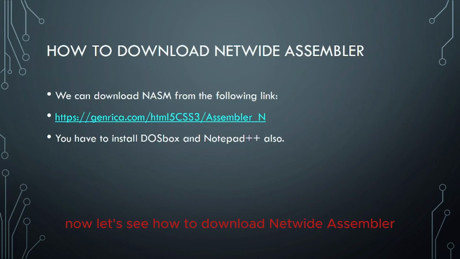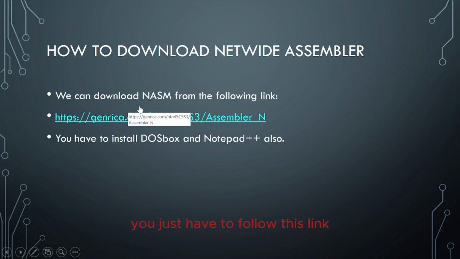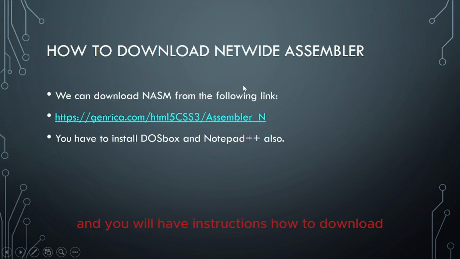Now let's see how to download Netwide Assembler. We can download NASM from the following link. You just have to follow this link and you will have the instructions on how to download. Otherwise, I am also giving you instructions. You just have to download the zip folder from the given link. Then you have to create a folder in local disk C named assembly.